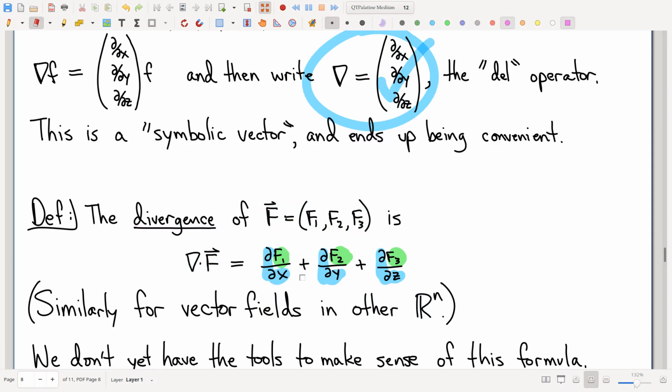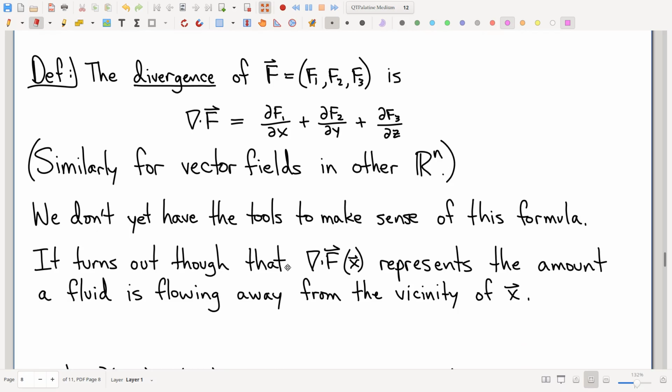Okay, so this is our first little bit of calculus of vector fields, and what does this represent geometrically? Here's where I have to apologize. I don't have the tools that I need to be able to make sense out of what I'm about to tell you. And that really bugs me. I mean, after all, I've gotten up on my soapbox and expounded at length on how, look, it's really important.